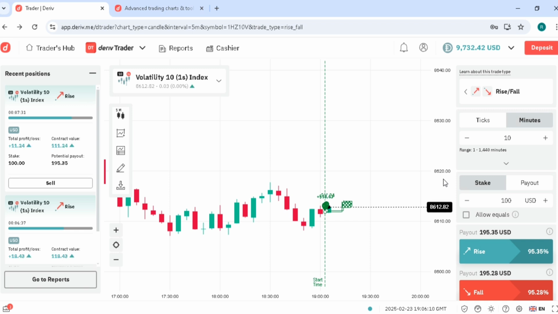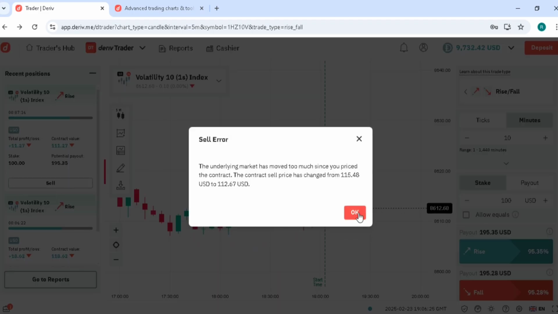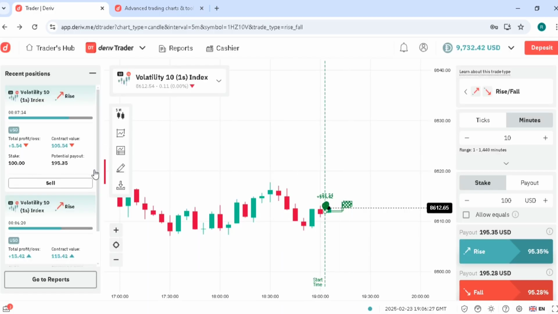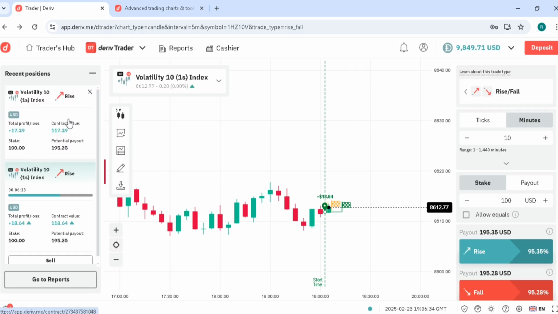If you have an account of $20, the disadvantage is that there is no martingale, but the advantage with manual trading is that you can always cash out. Like this one now, we can cash out, and we said if you cash out and they reject that, you can try again. And now we have cashed it out at 17 USD, which is okay.